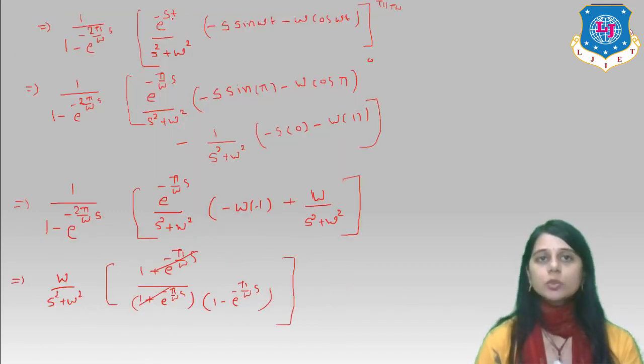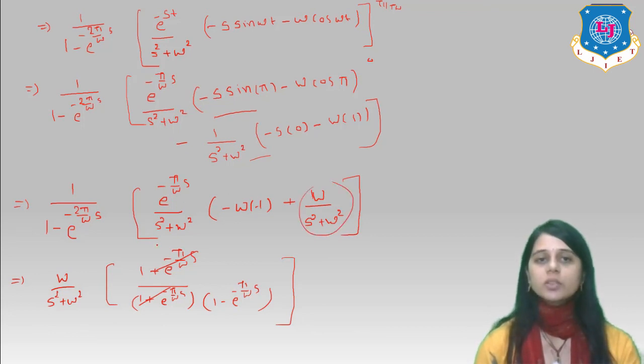Integration, we get e raised to minus st upon s square plus omega square, times minus s sin omega t minus omega cos omega t, from 0 to pi by omega. Putting the upper limit and lower limit, we get e raised to minus pi by omega s upon s square plus omega square, times omega, plus omega upon s square plus omega square.